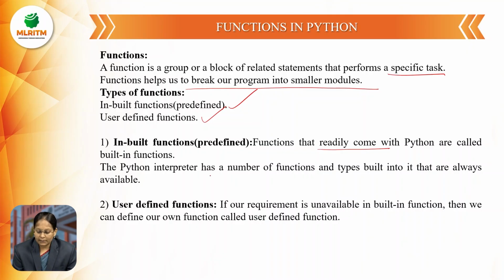The Python interpreter has a number of functions and types built into it that are always available. If we don't have any inbuilt function related to a particular task, then the user has to write the code to execute that specific task.